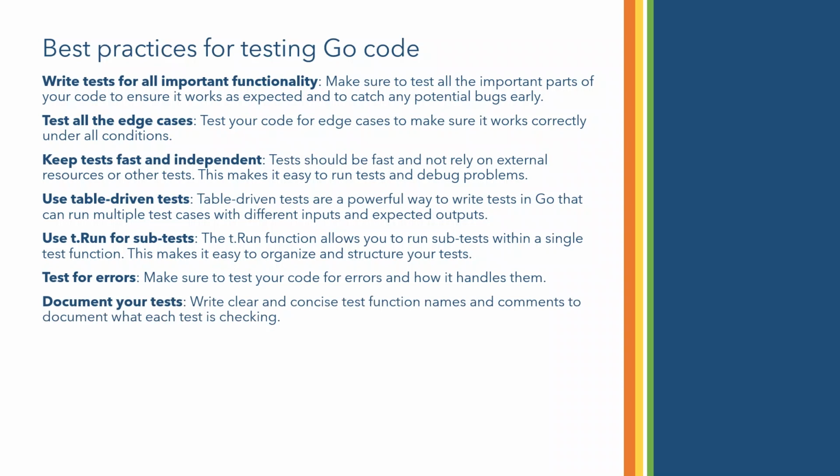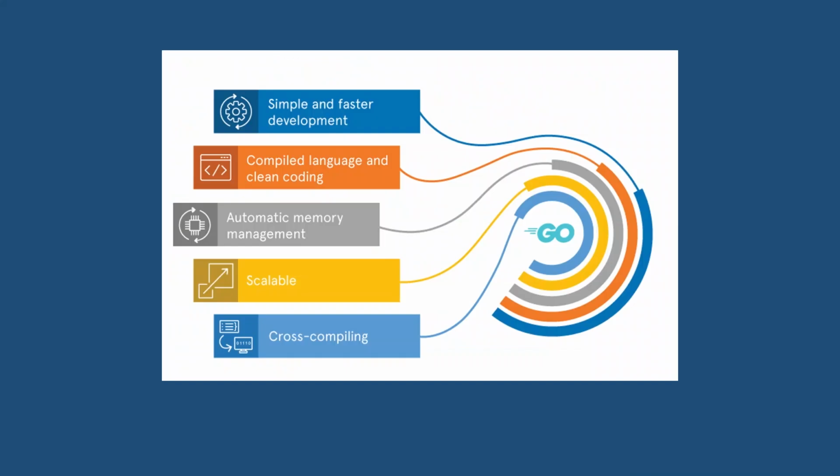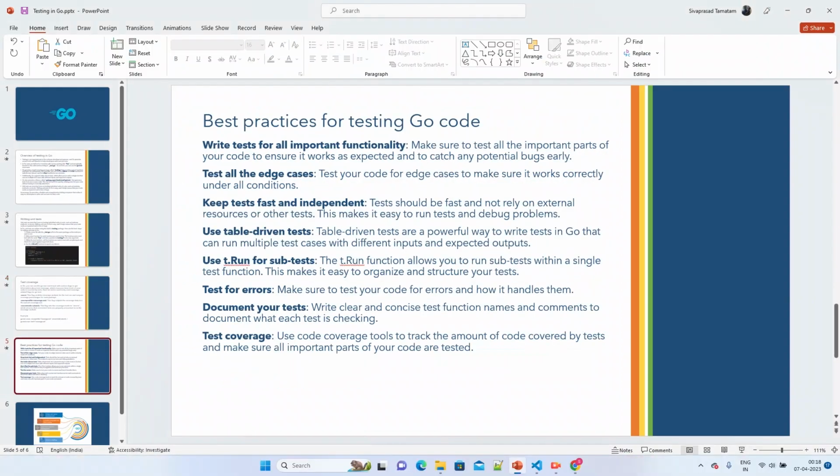Document your tests. Write clear and concise test function names and comments to document what each test is checking. Test coverage. Use code coverage tools to track the amount of code covered by the tests and make sure all important parts of the code are tested. This code coverage thing we already discussed, and we have written all the test cases and test coverage for the sample code.